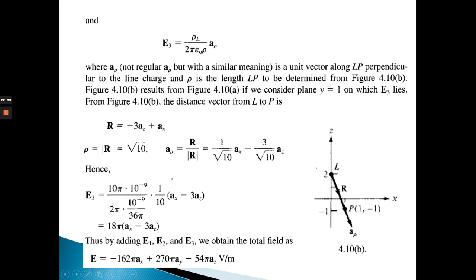Now if you want to find the direct value, this is r also, this is rho also, right? So the rho is equal to the modulus of r, which is this square plus this square. So 9 plus 1 is equal to root over 10. So we got rho, we got r, and now we find a rho is equal to r divided by rho.